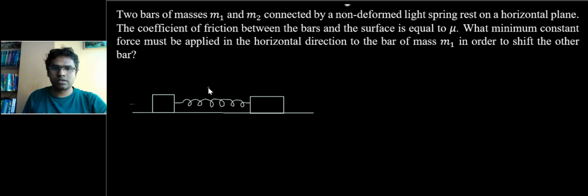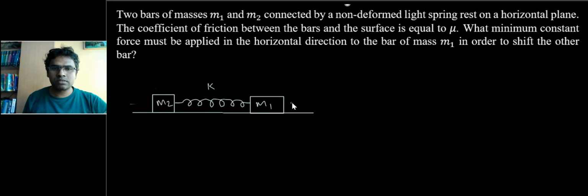The spring constant is not given, but we can take it as K. The masses of the blocks are M1 and M2. The coefficient of friction between the bars and the horizontal surface is the same, and it is given as mu.